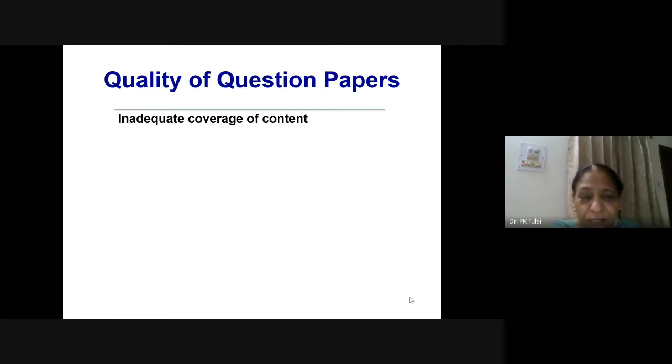So the very first thing we see is that not all the topics included in the syllabus form a part of the question paper. Very few institutions go for internal choices if a unit-wise question paper is prepared. When there is no adequate coverage, the validity becomes low.